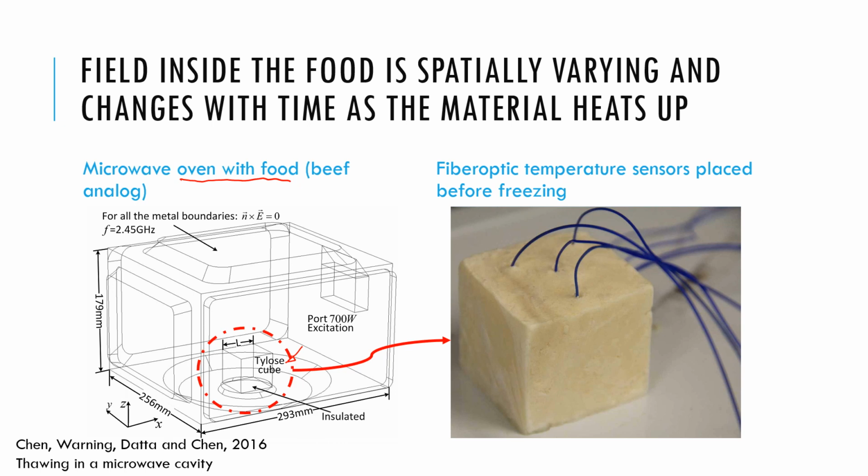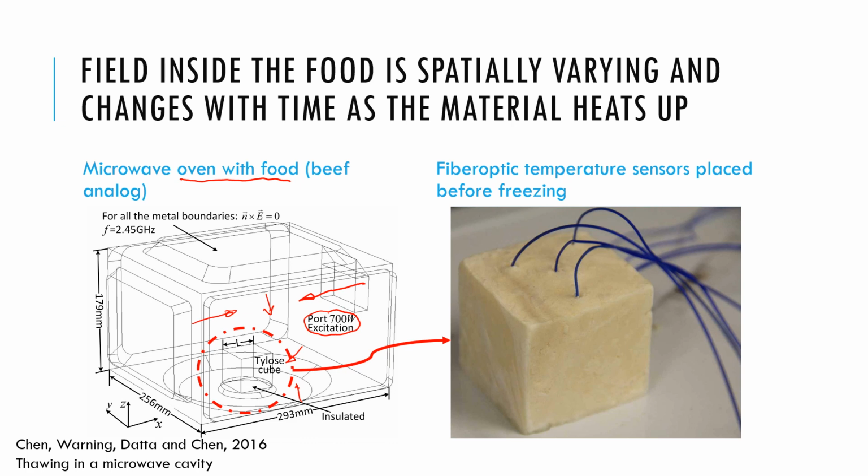So what I am showing or about to show have been validated experimentally. But what we are doing is an electromagnetic simulation where you see this is the port. So waves come in like that, and they get reflected from the walls, and then they form a standing wave, and then they form the pattern inside the food as well, which is what we are going to see in a second.